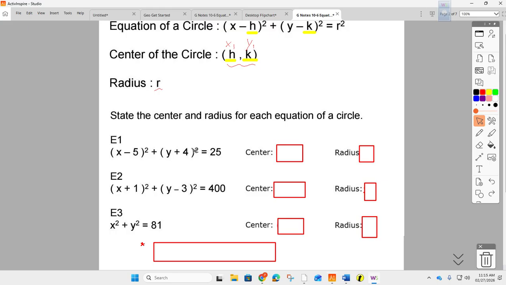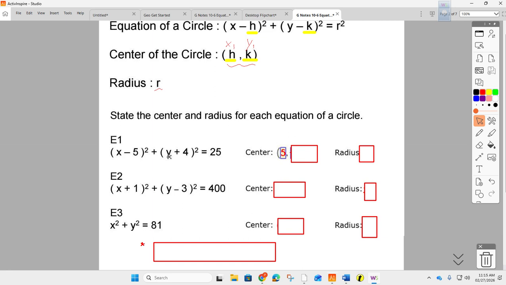So looking at this equation, this is the equation of a circle, right? So the form is x minus the x-coordinate. Since this is minus 5, we know that the x-coordinate of the center point is a positive 5. If it were a negative 5, that would not be minus 5, that would be plus 5.